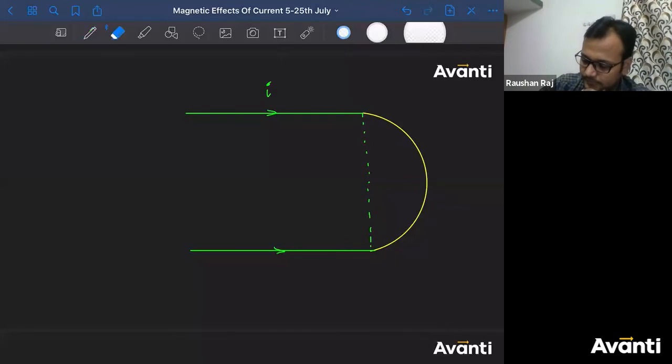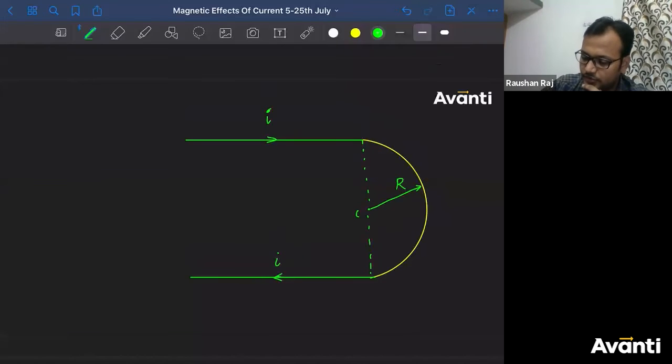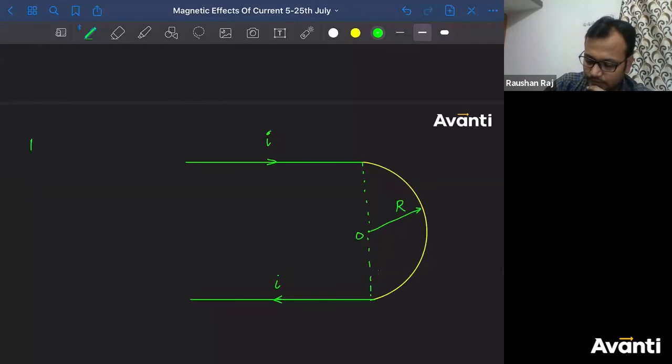Current I comes like this. Current I. Radius is capital R. ठीक है? This is point O. B at O will be equal to what? Same question. What will be the magnetic field at point O?